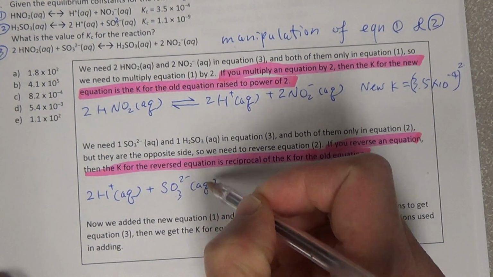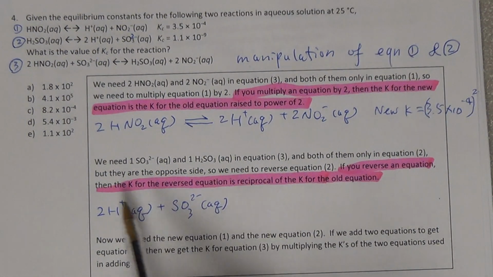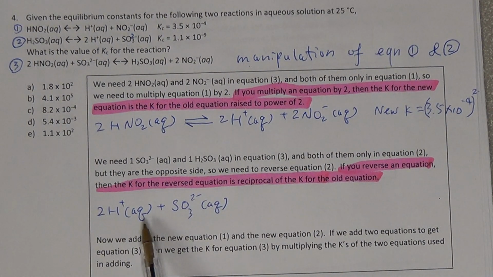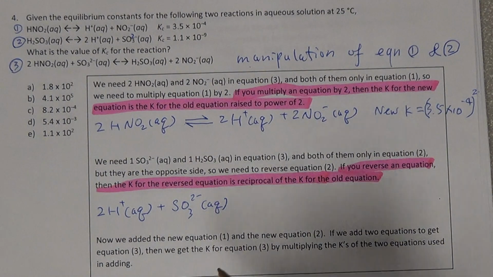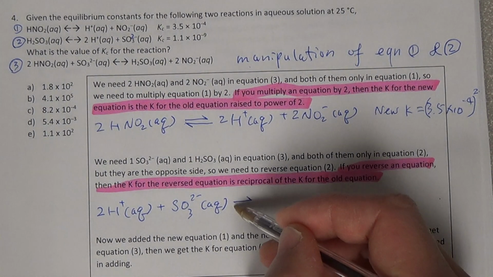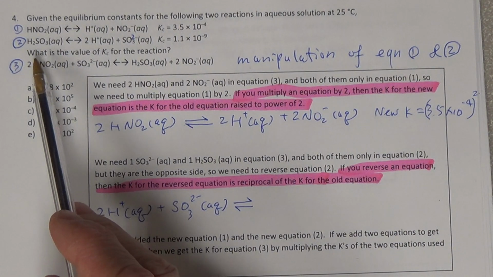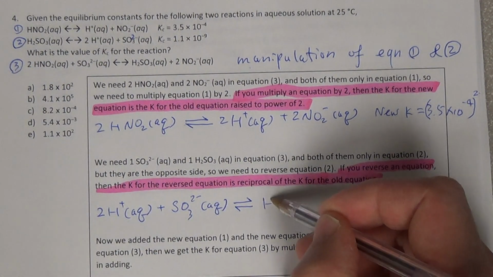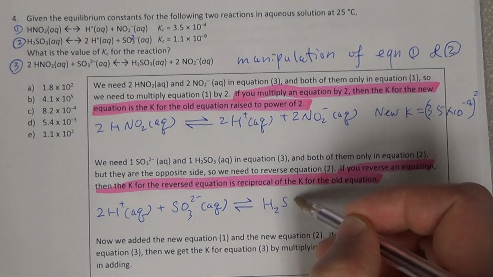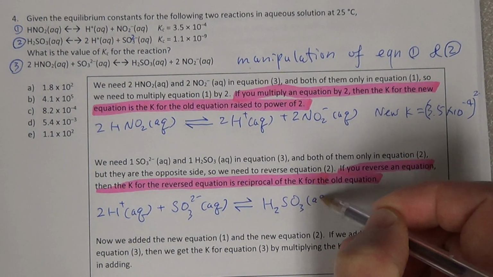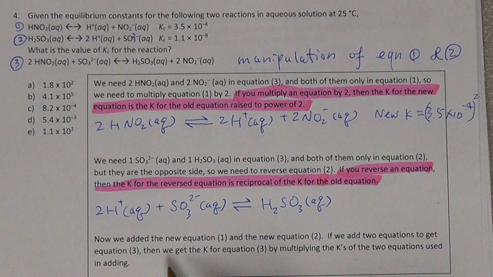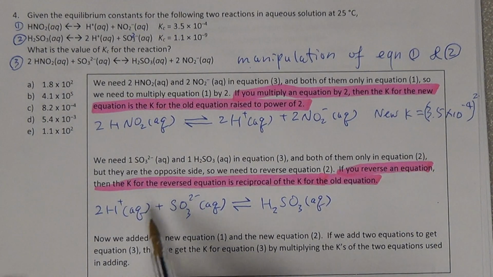So these two in equation 2 were the products. Now I write them as reactants. And then the reactant in equation 2 becomes the product of the reversed equation 2. So that's what we mean by reversing an equation.